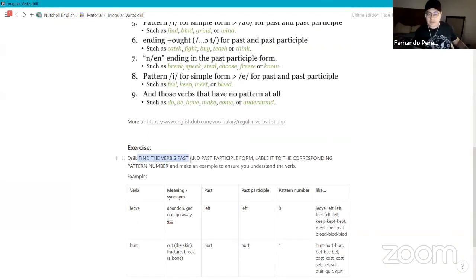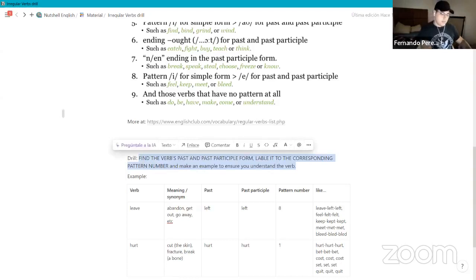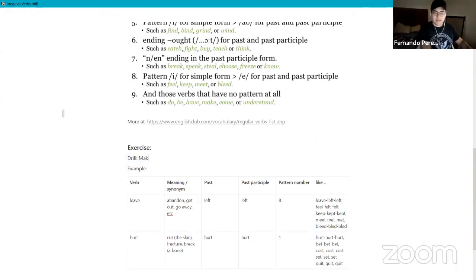So here's the drill. Find these verbs, past and past participle form, label it to the corresponding pattern number, and make an example to ensure you understand the verb. Let's make it a little different. Find a synonym to each verb to make sure you understand it.